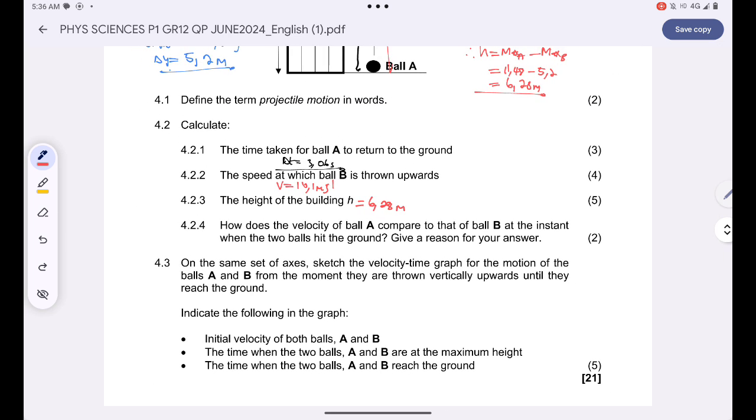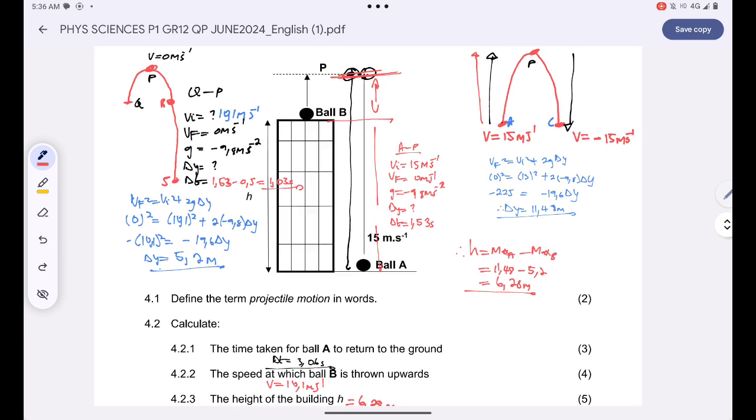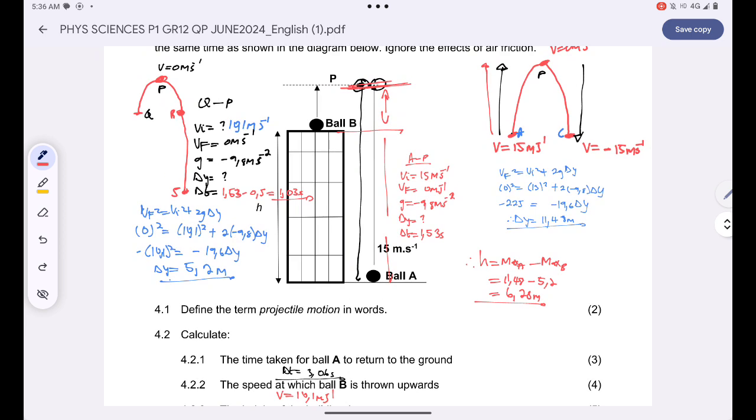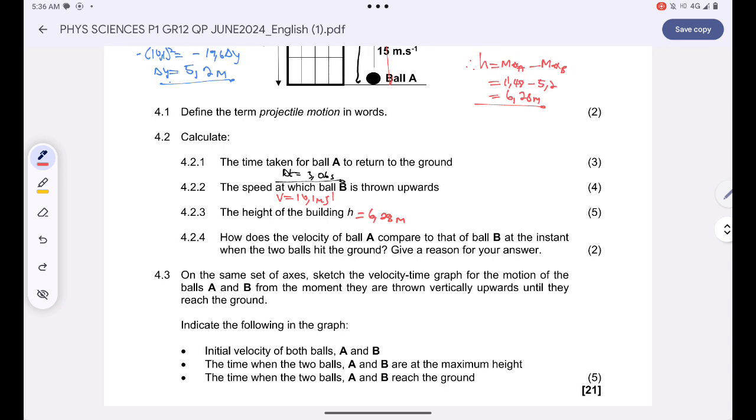Okay, and then now we are being asked, how does the velocity of ball A compare to that of ball B in the instant when the two balls hit the ground? Remember that, guys, I did explain initially that both of these balls will reach the same maximum height at the same time. That means whenever they reach the ground, they will reach the ground at the same velocity. So the velocity is the same. Are you together?